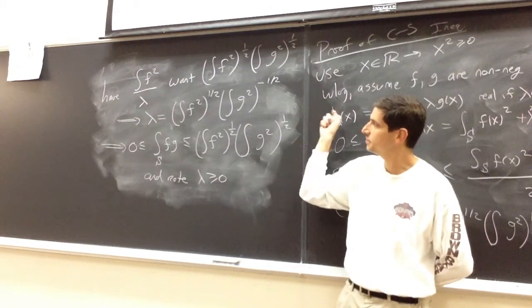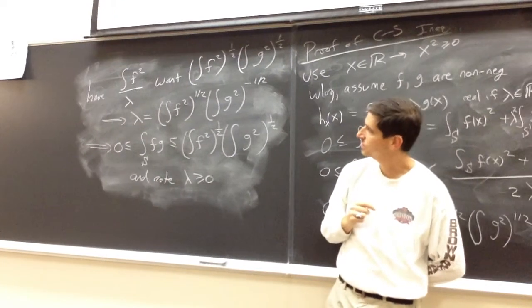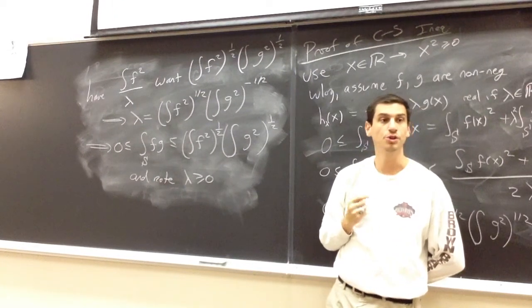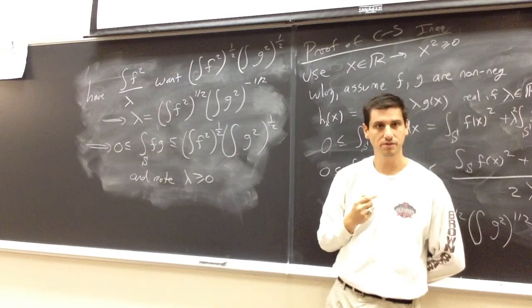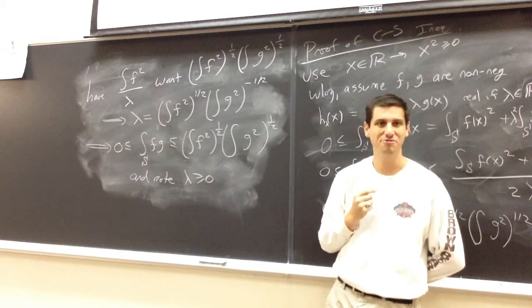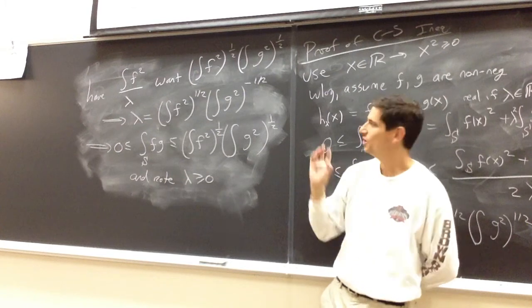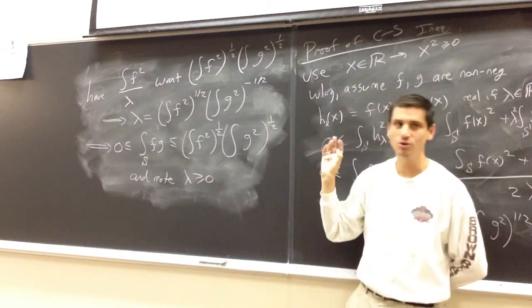Look at the definition of lambda. What's the only way lambda can equal 0? Or only ways? Maybe there's more than one way. Yes? Either f or g is identically 0. No, you're half right. So the comment was either f is identically 0 or g is identically 0.